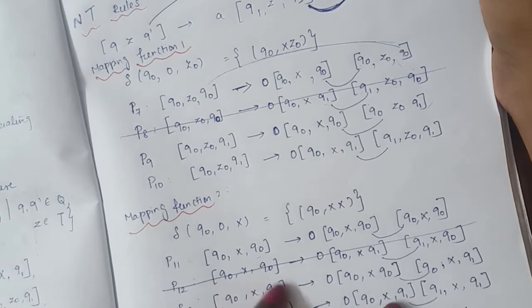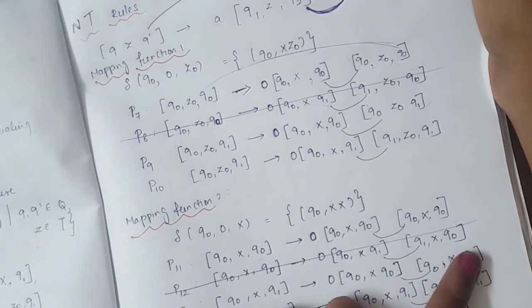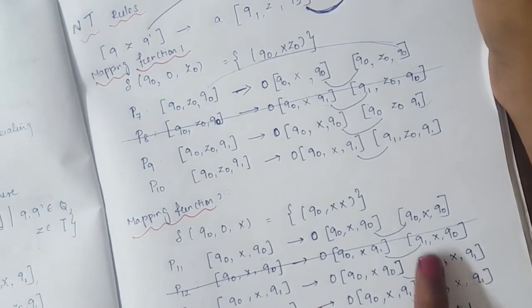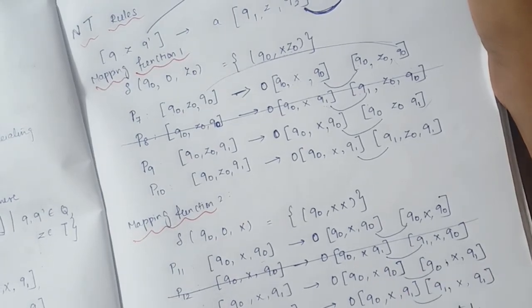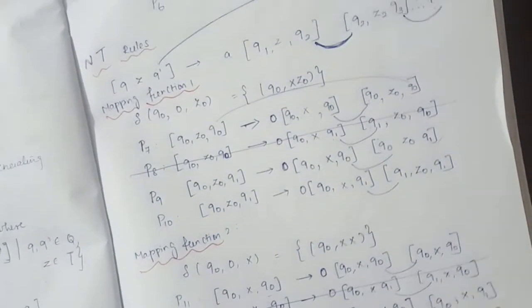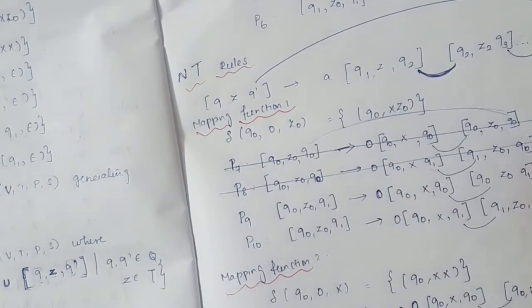And for this we also have q0 x q0 and q1 x q0. So q1 x q0 is produced, right? No, it is also not producing. So that's why I have eliminated that one. Wherever q0 x q0 occurred, I have eliminated it, just deleted it.